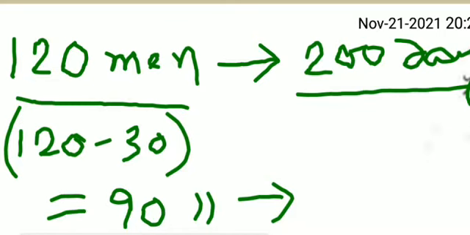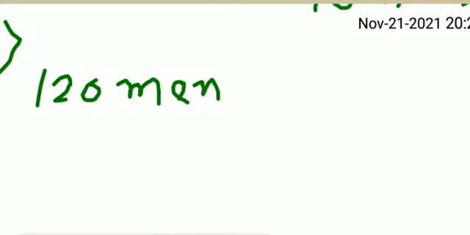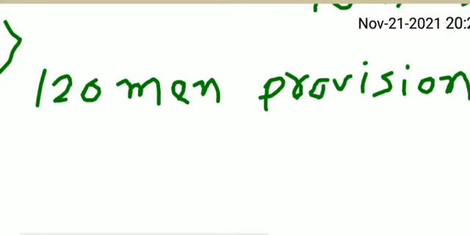Okay, so you can write it in this way: 120 men, question number 11, 120 men, the provision for the remaining food is 195 days, because 5 days they already got the food.